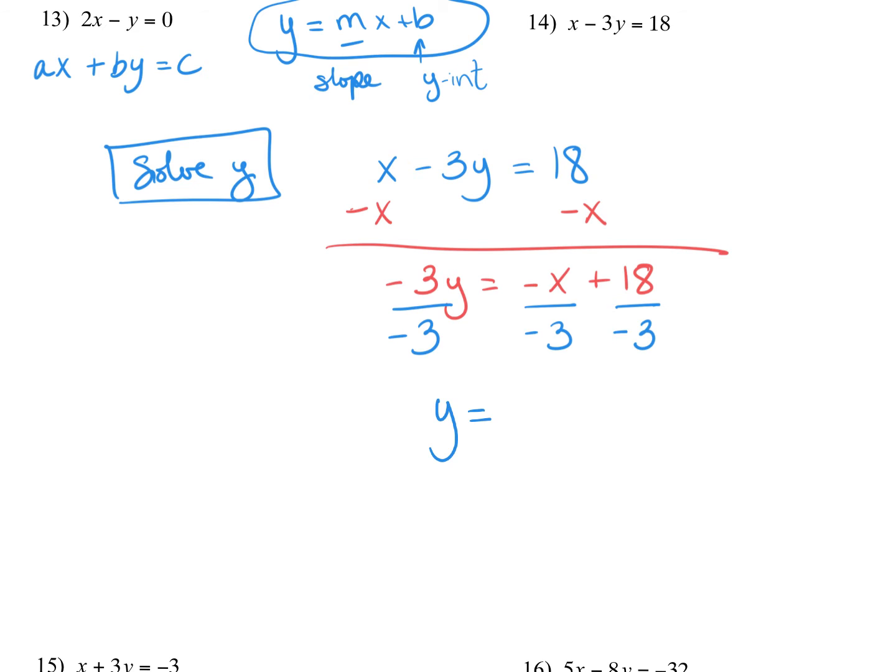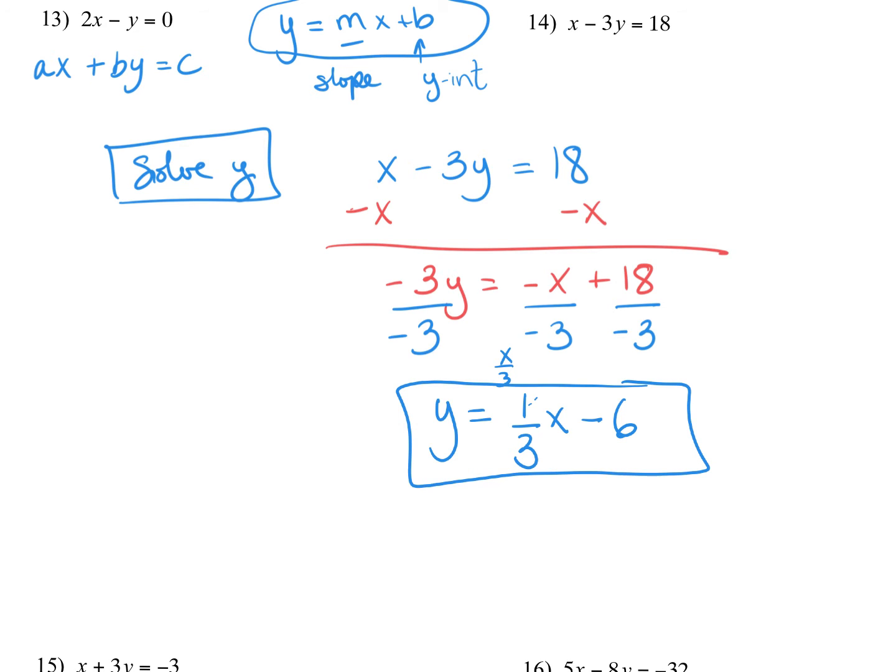Don't forget that a negative divided by a negative is a positive. So this just becomes x over 3, or how you would typically see it, there's a 1 in front of that x, so we can write it as 1/3 x. And then positive 18 divided by a negative 3 gives me a negative 6.